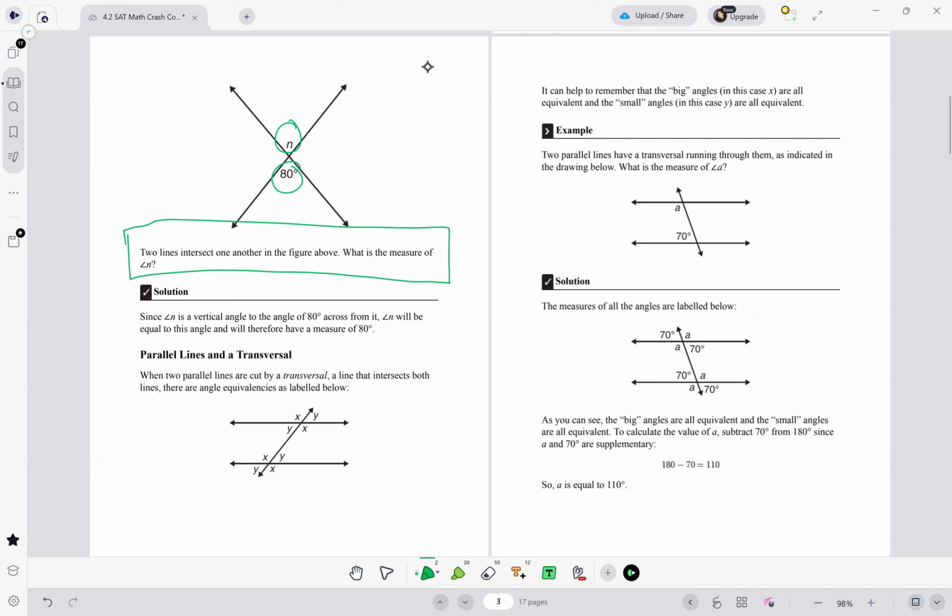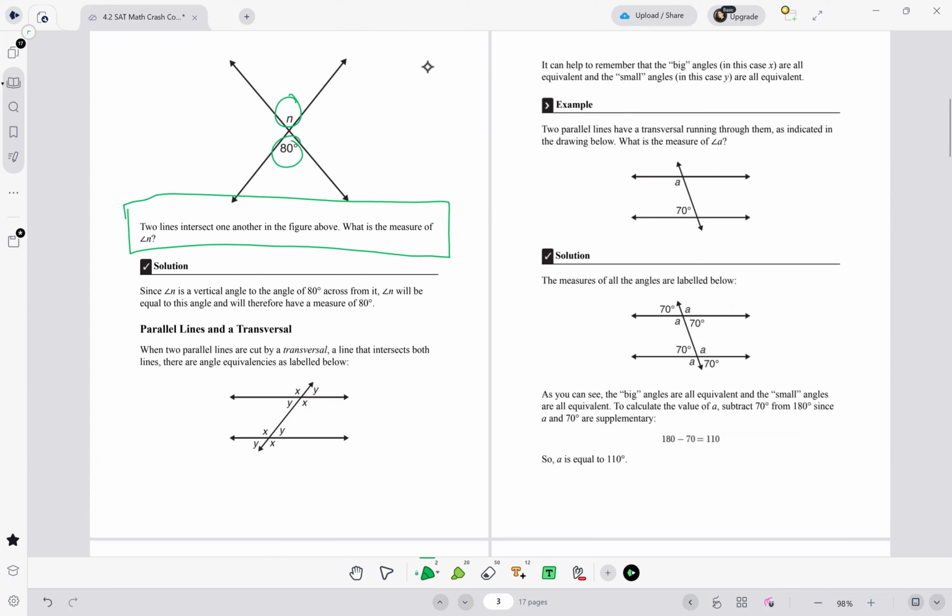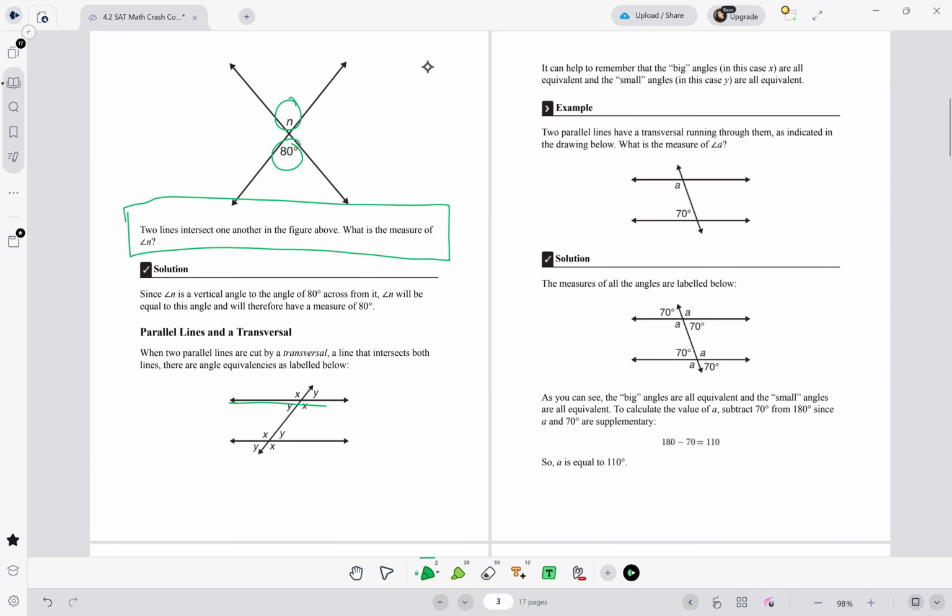Parallel lines and a transversal. These two are parallel lines with one another, and this is a line that is cutting these parallel lines. These two parallel lines are being intersected by this line.